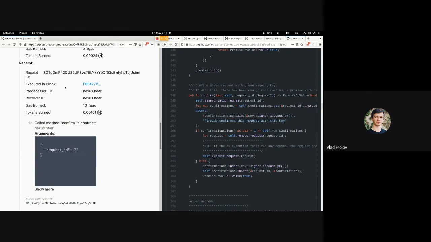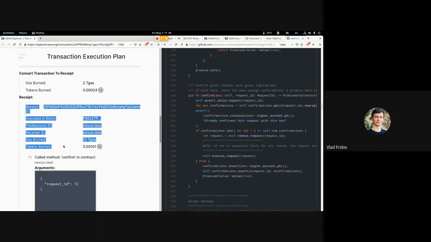We check which key was used to confirm it. That's a missing part over here in the UI of Explorer. We can't really understand what exactly is going on. Why can't we just send add request and confirm, and then one more time send confirm from the same account? Actually, it checks for a specific key that is used to sign that transaction in the first place.